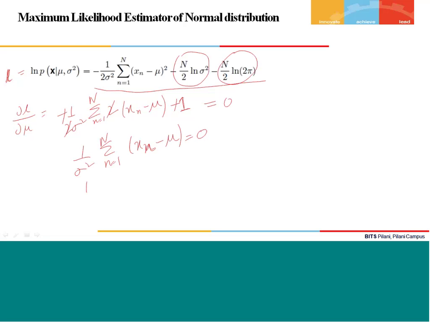If you open this expression, it is 1 upon sigma square, sum of x n minus, and this is a constant, it is n mu, equals 0, because this summation means you are adding this mu n times, so it is n mu. That's why I wrote this. Now this will go to this side.